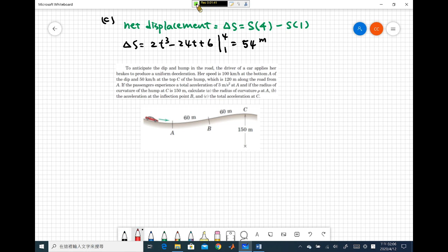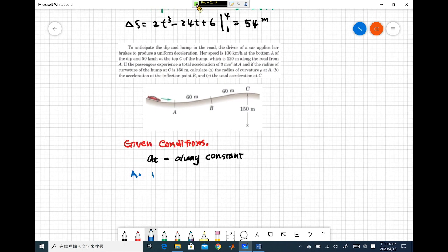So let's look at all the given conditions. We know the a_t will be always constant. Then at point A, we know v_A is equal to 100 kilometers per hour, and a_A, the square root of a_t squared plus a_n squared, will be equal to 3 meters per second squared.